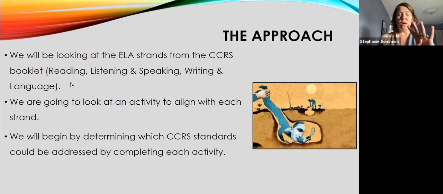So those four groups of standards. We're not going to really be talking about math today. We're going to look at an activity that aligns with each of these strands. And then we'll begin by determining which CCRS standards could be addressed by completing each activity.